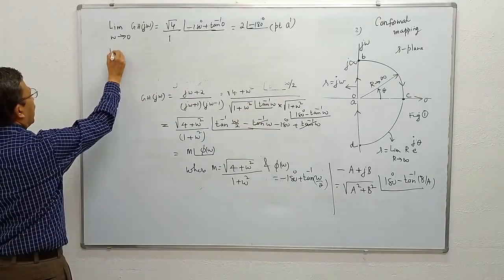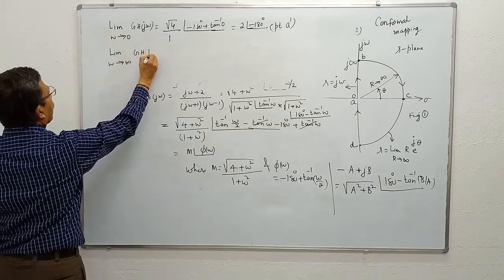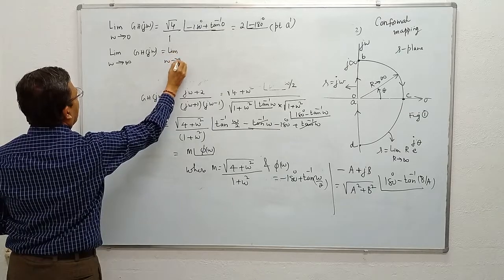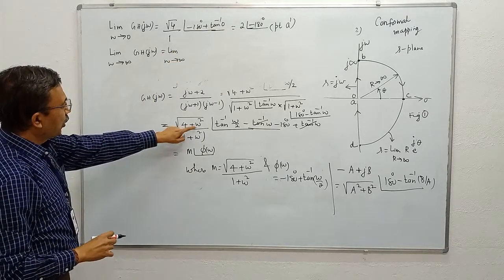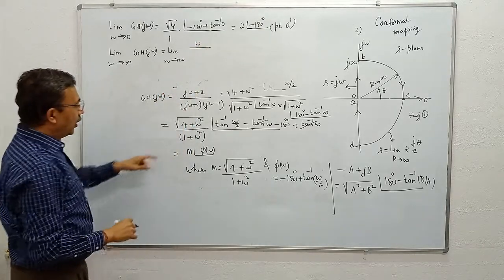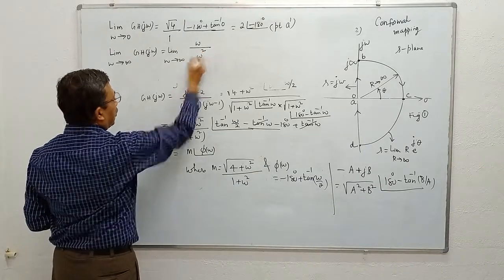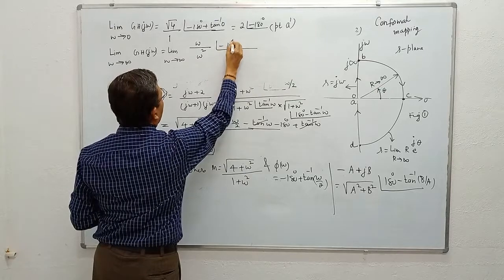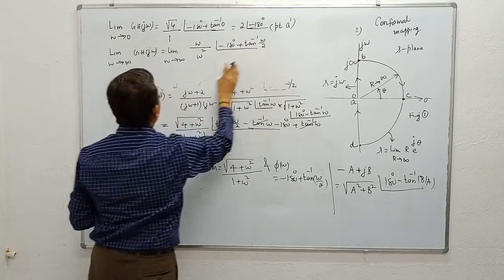Next, we will take the limit omega tending to infinity. When omega tends to infinity, neglect 4 with respect to omega square, so in the numerator you will get omega. In the denominator, neglect 1 with respect to omega square. You get omega square in the denominator. Angle is minus 180 degrees plus tan inverse of omega by 2.